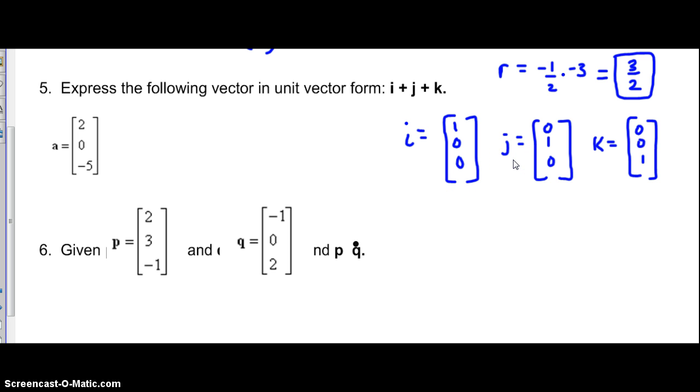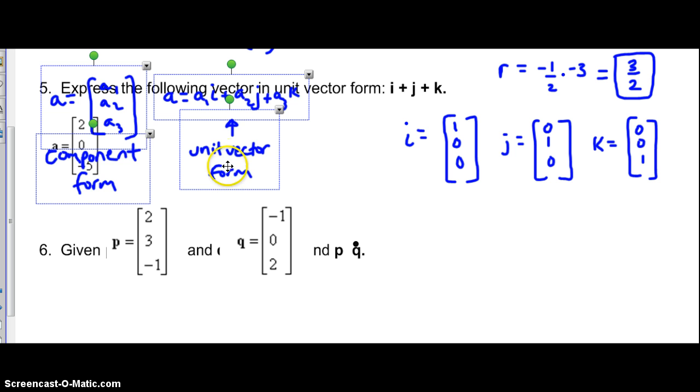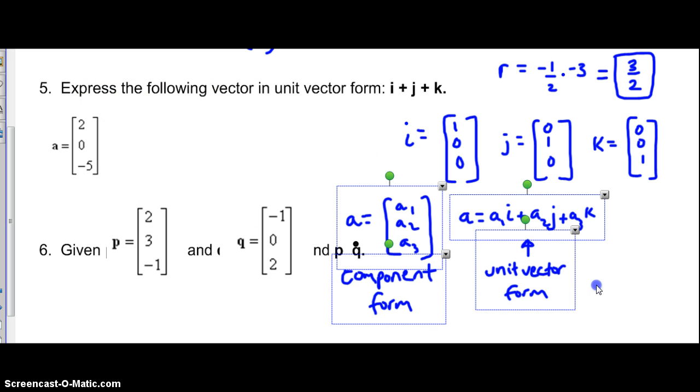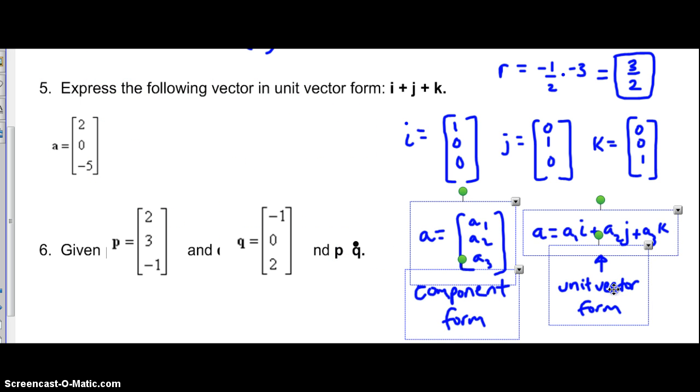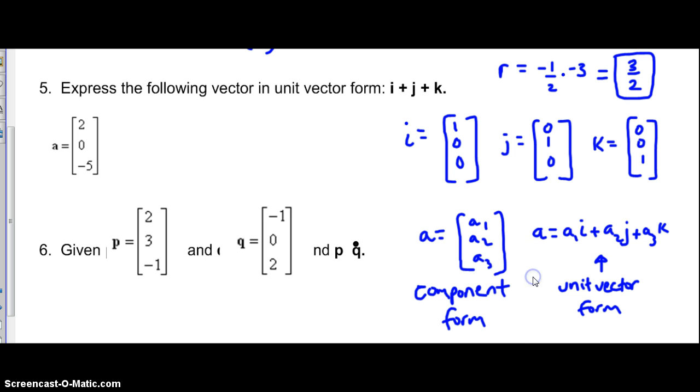And then j is the unit vector in the positive direction for the y, so 0, 1, 0. And then k is the unit vector for z in the positive direction, so 0, 0, 1. And this is one of the forms you'll need to know. We've mostly been talking about component form, but you also need to know unit vector form. So I want to show you how that works.